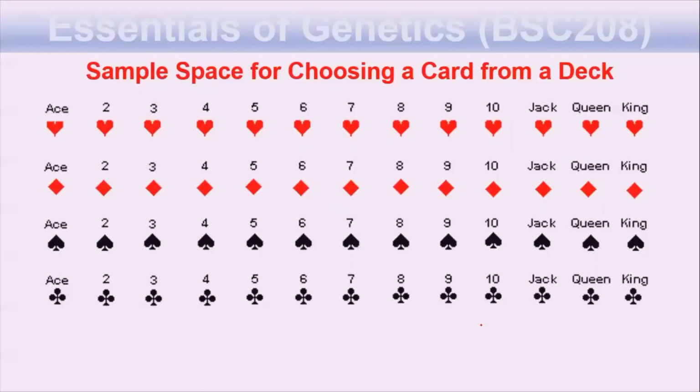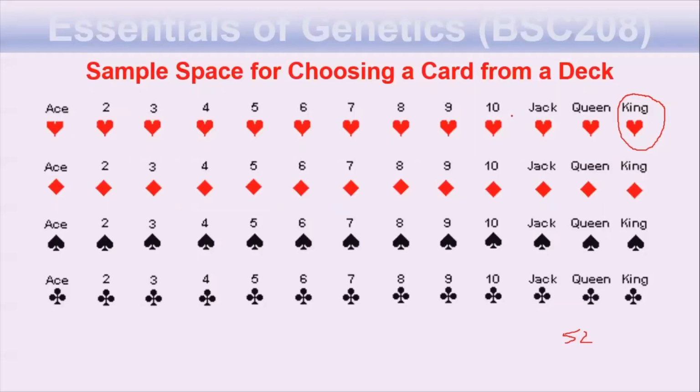In this game there are a total of 52 cards, and from these 52 cards, if you want to draw a particular card, for example, if we want to draw the king of aces, what will be the probability?